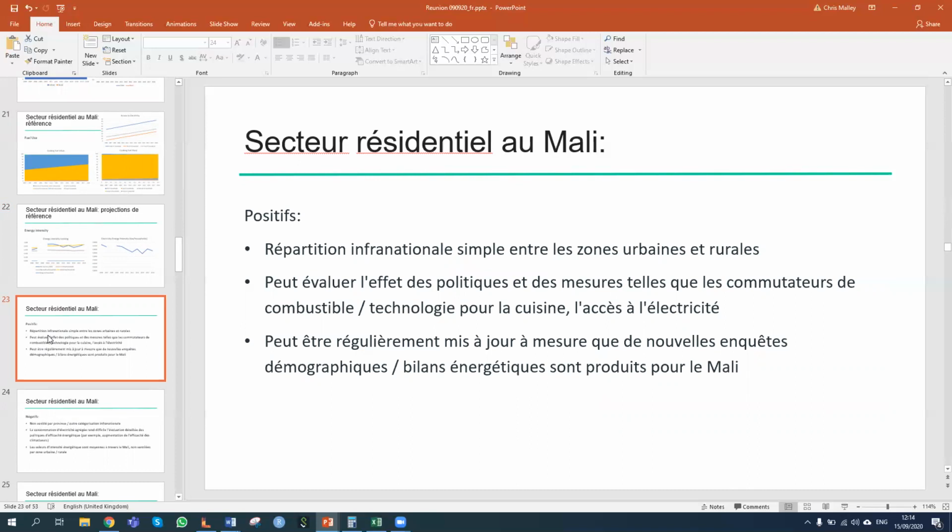So it could be easily updated over time when those documents are updated. So it's maintainable, which is important. It can also be used to evaluate policies and measures where there is a switch over to different fuels or technologies for cooking and for access to electricity.